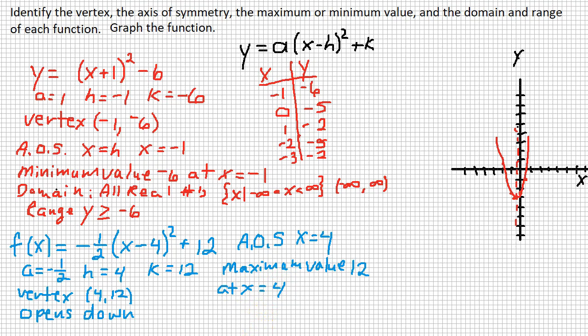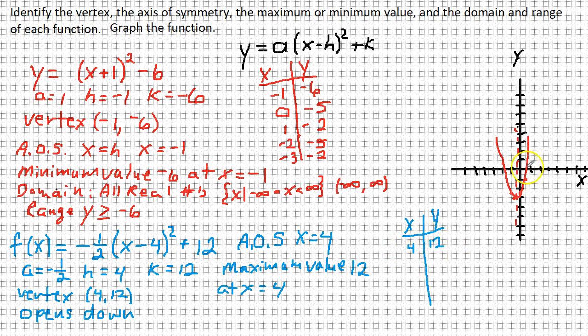Our domain and range, well, I'll wait to do that until after you've seen the graph because it might make more sense to you. So let's plot our points. So we have our x and y. Our vertex is always our first point, so that means we have the point (4, 12).